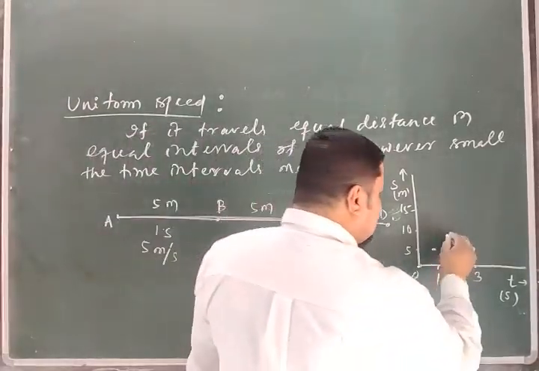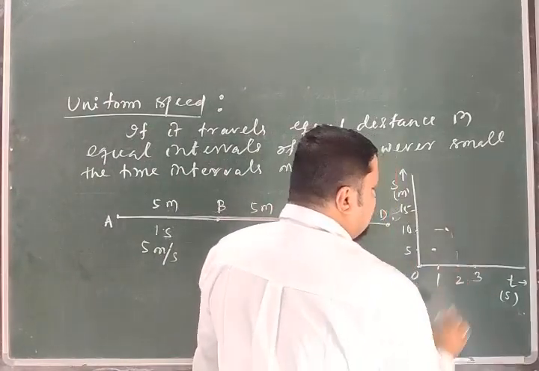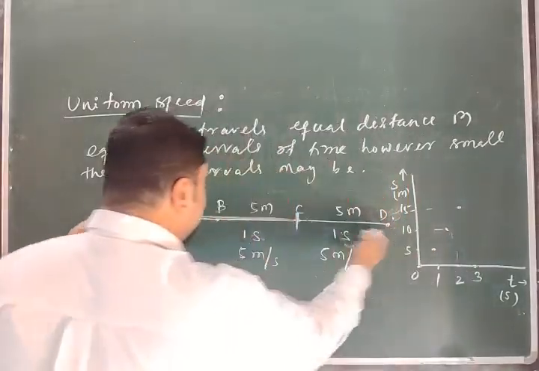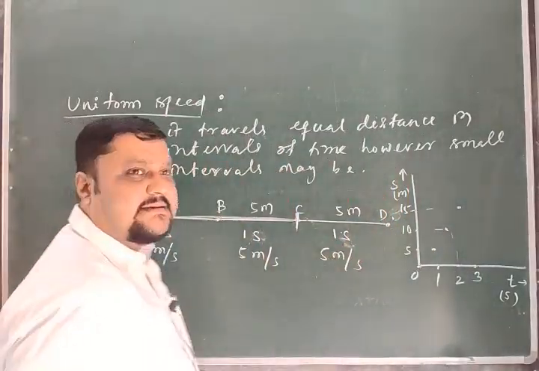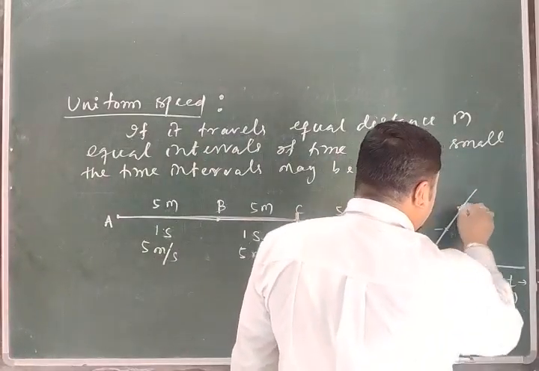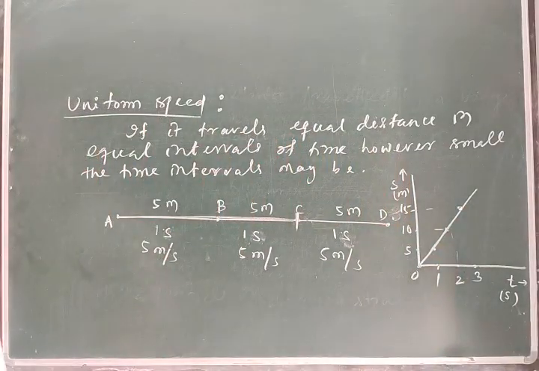So in 2 seconds it has reached the 10 point. Then in 3 seconds, it is 15, meaning 5 plus 5 plus 5, 1 plus 1 plus 1. If you join these, you will get a straight line like this. So for uniform speed, you will get a straight line.